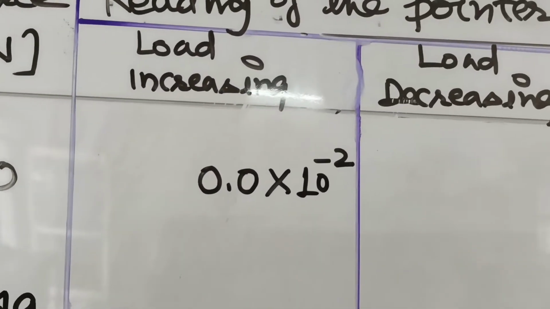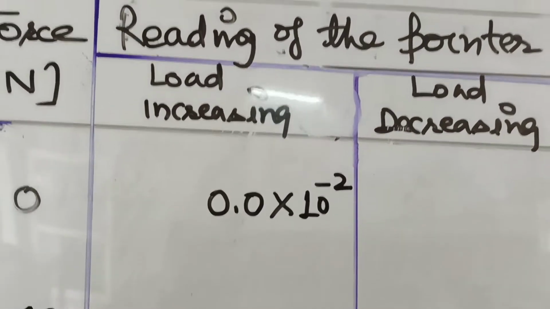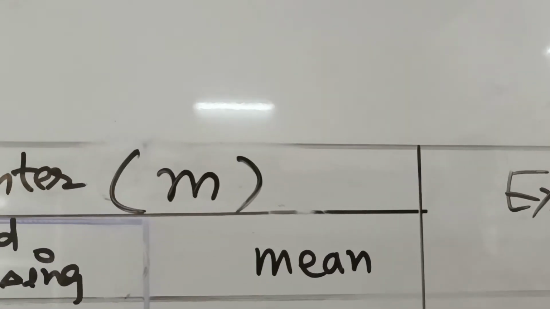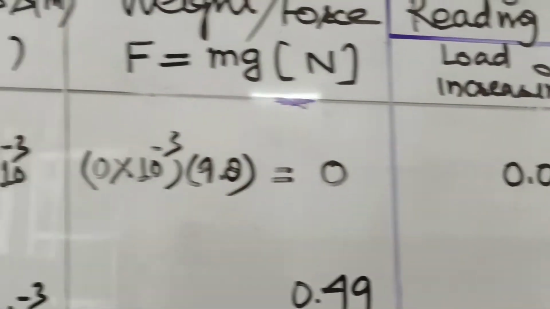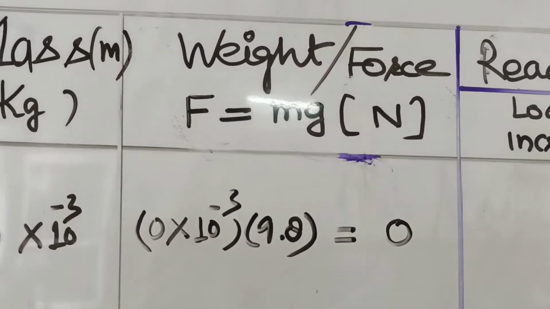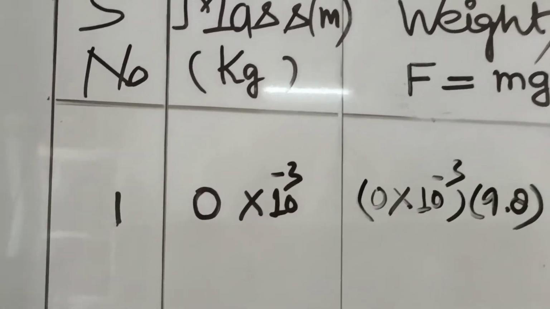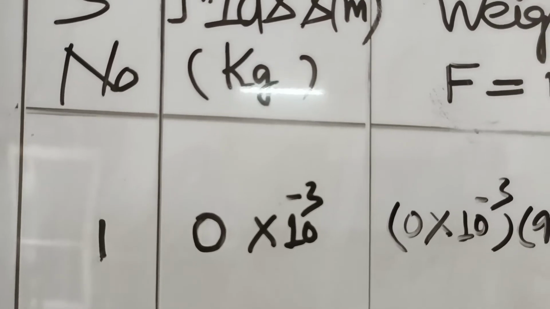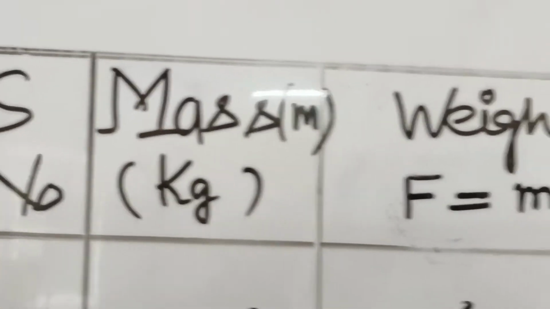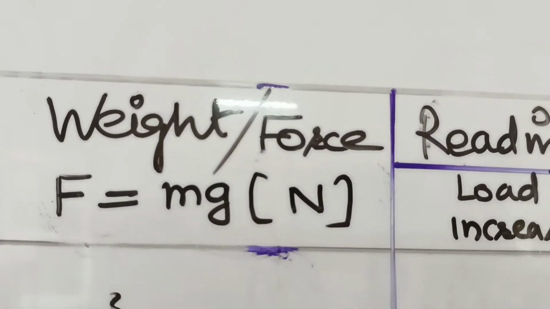You can see 0.0 and 10 to the power minus 2, because the reading is in meter, so it's multiplied by 10 to the power minus 2. The same thing is done in the case of weight and mass also. Mass is actually measured in gram, so it is multiplied by 10 to the power minus 3 to get kilogram. Same with weight and force.